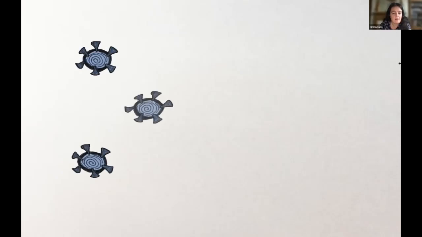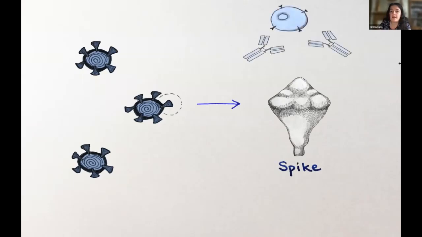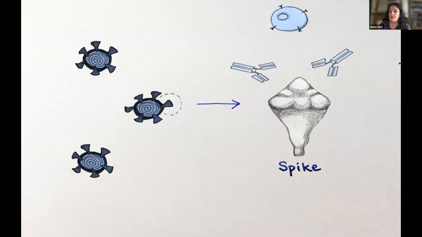So to give a little bit of information on that, the coronaviruses have a particular protein on their surface, the spike protein, which is responsible for getting into the human cell, which is not great. And the spike protein is one of the main targets of the antibodies which B cells produce in order to neutralize the virus.